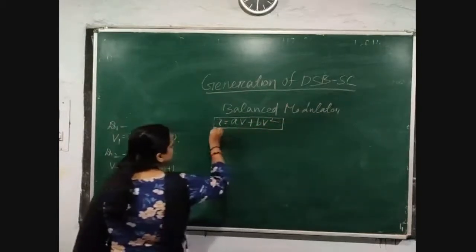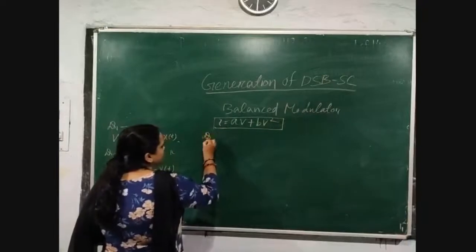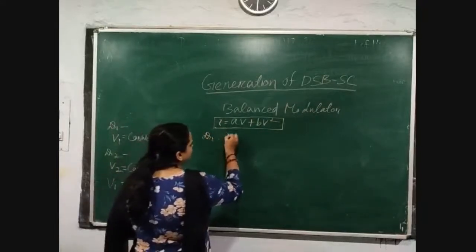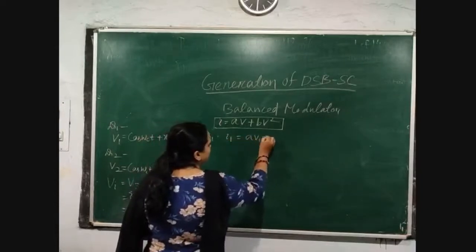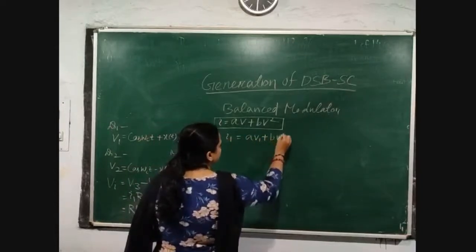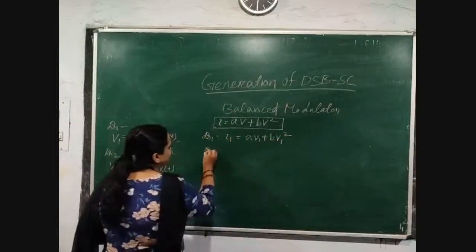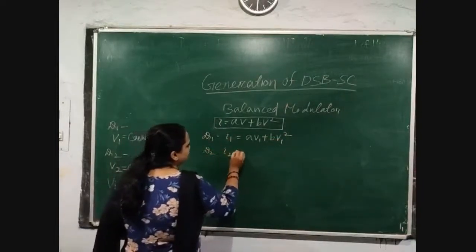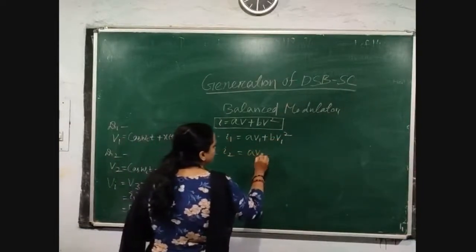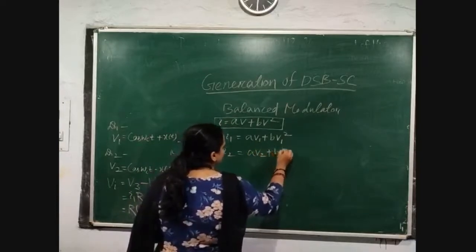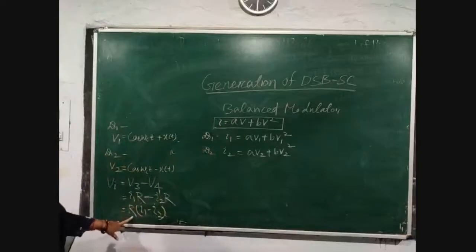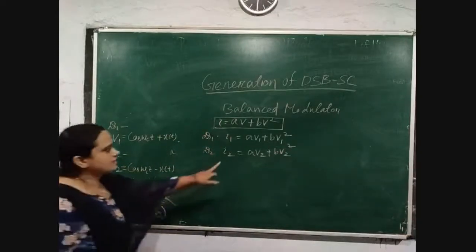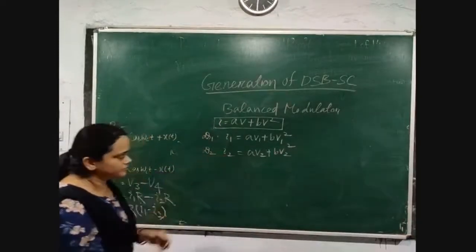Applying this at diode D1, the relationship is I1 equal to A V1 plus B V1 square. At diode D2, I2 equal to A V2 plus B V2 square. Then in this equation we apply the value of I1 and I2.